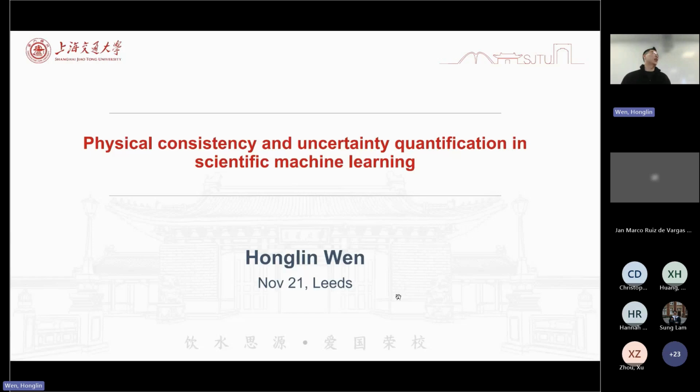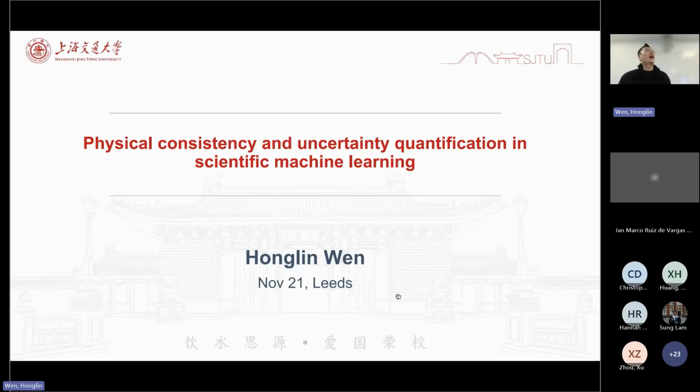If you Google scientific machine learning community, I think you can only find this community in Leeds. Seriously. So I was very curious. When Miranda asked me if I was going to present in person or online, I decided to come here to get more involved with you.